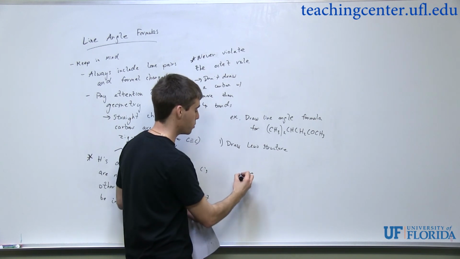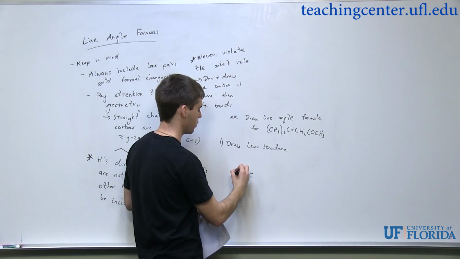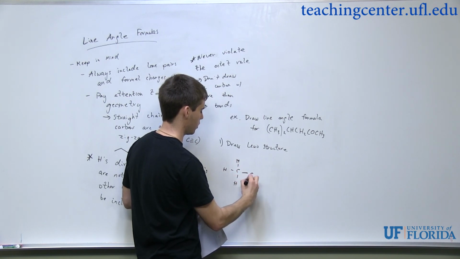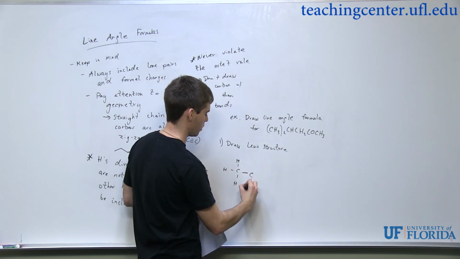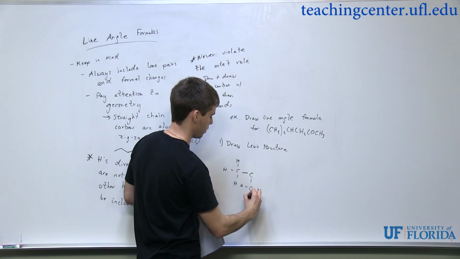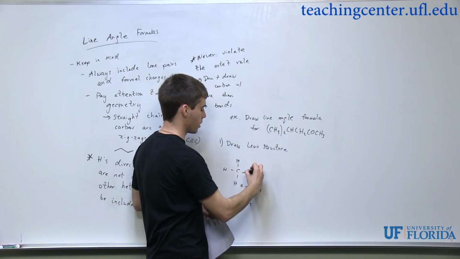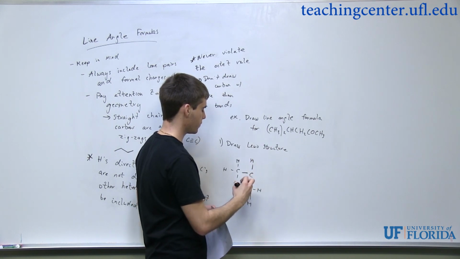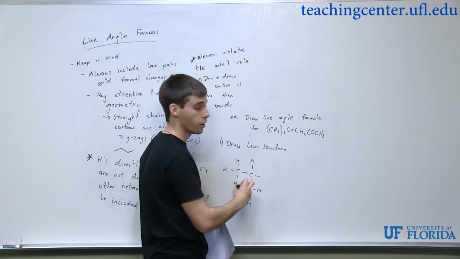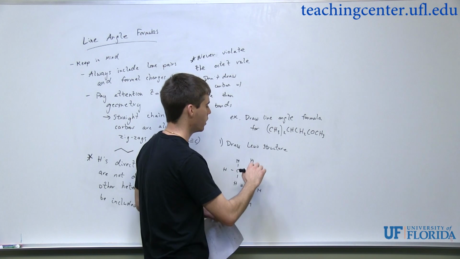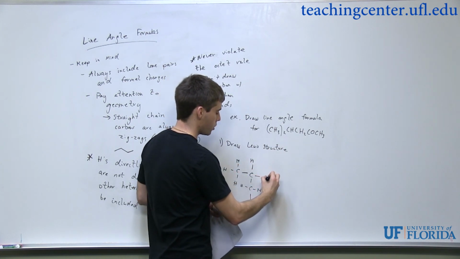And I know that has 2 CH3s connected to it, and it also has a hydrogen connected to it. And notice I'm ignoring the geometry to start. Then we go over and we have a CH2.